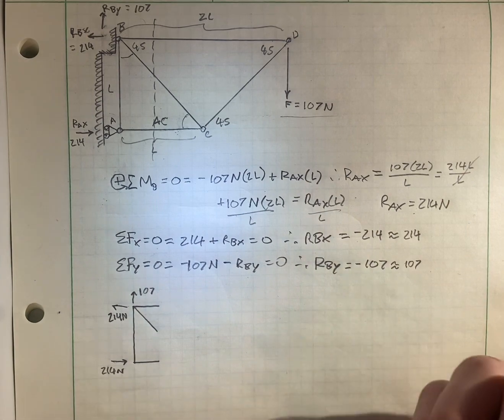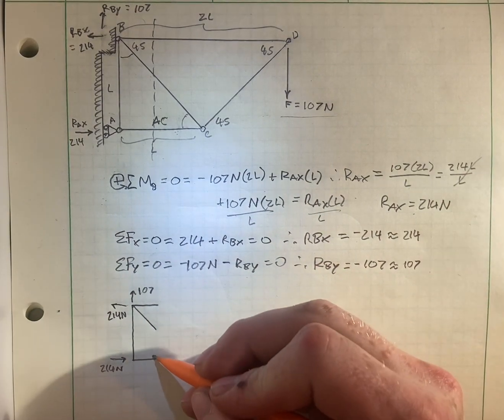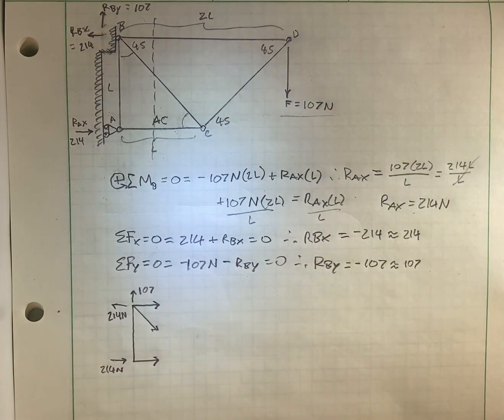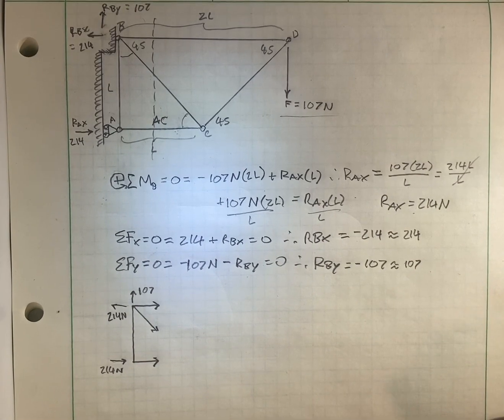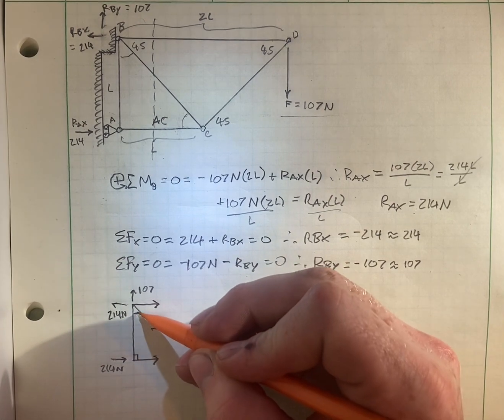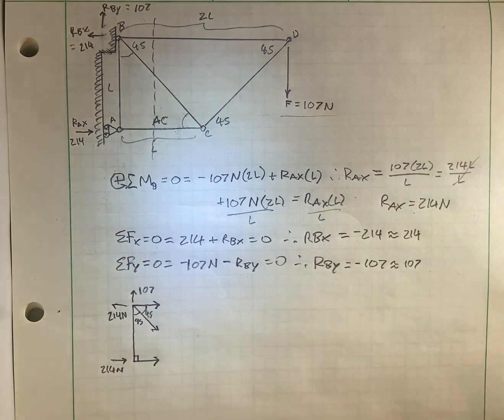And what's cool about doing it like this is you can turn these members here into forces, to represent the internal forces. You can just turn them into arrows instead of members. And we'll mark our angles here. These are both 45. And that's 90, of course.